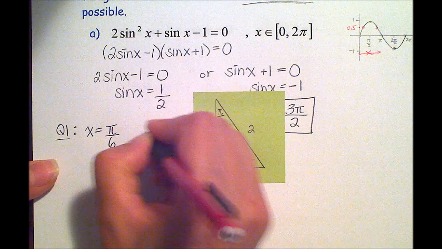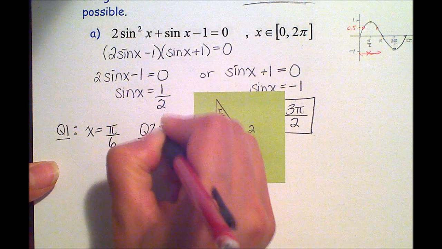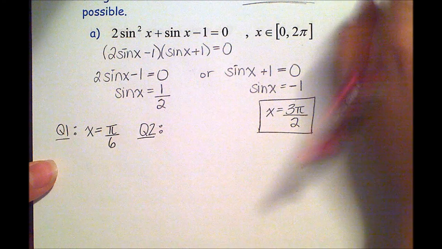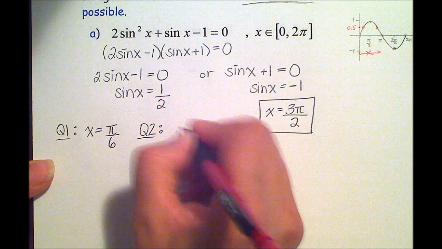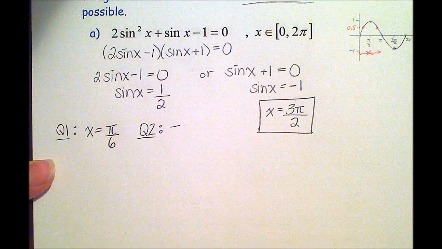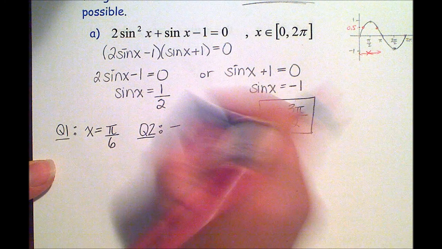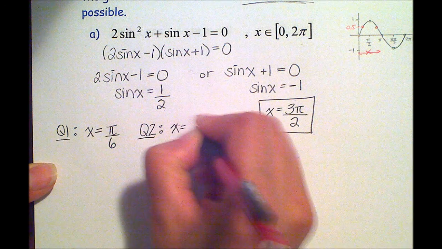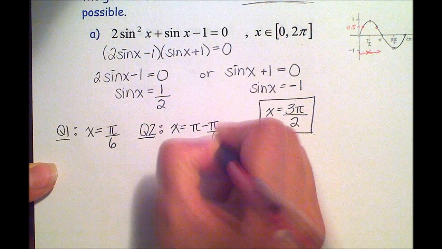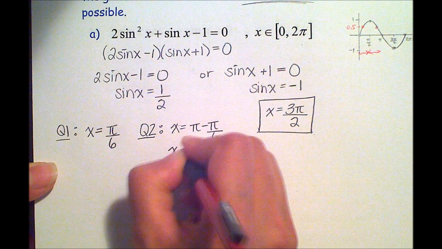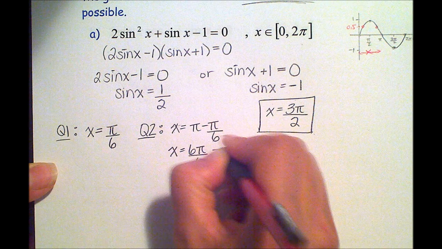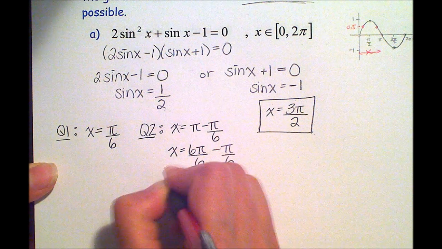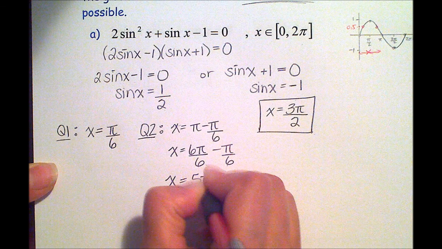Now in quadrant 2, you're looking at pi minus the special angle. So you have x equals pi minus pi over 6. Again, you'll need a common denominator, which is going to be 6, and you get x is equal to 5 pi over 6.